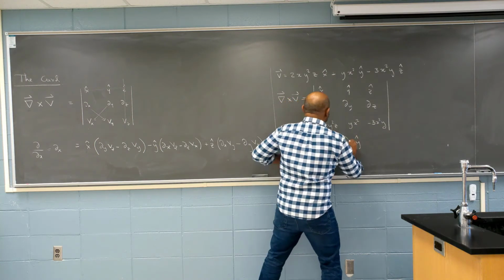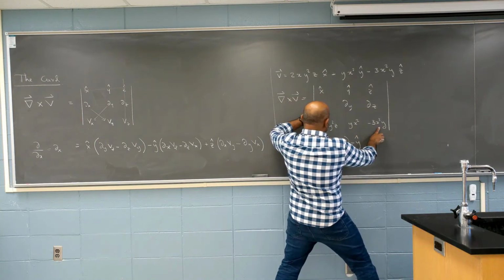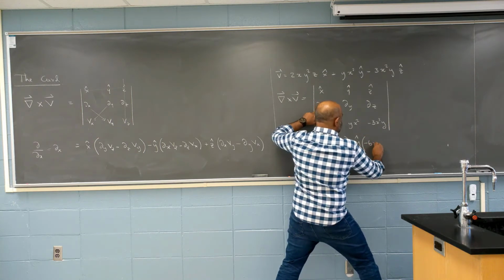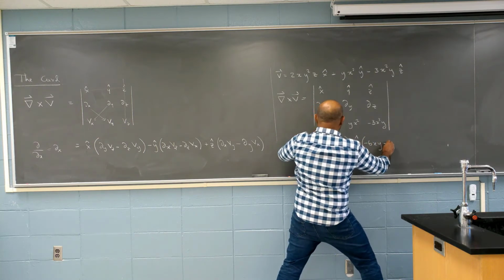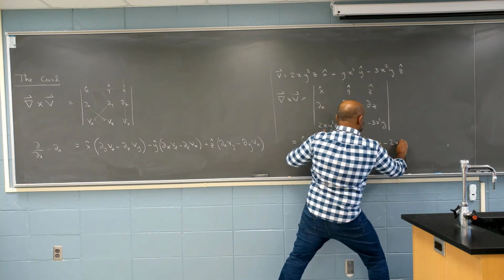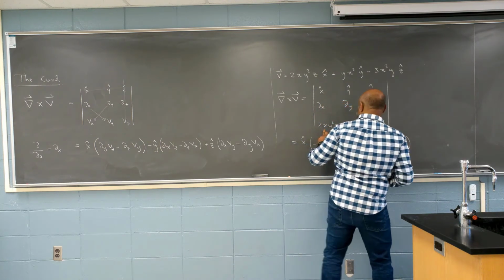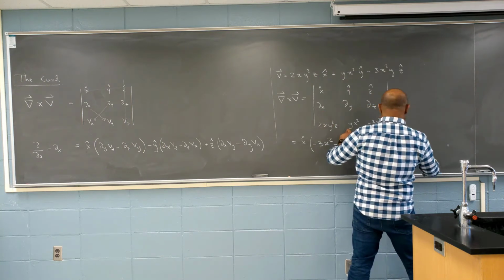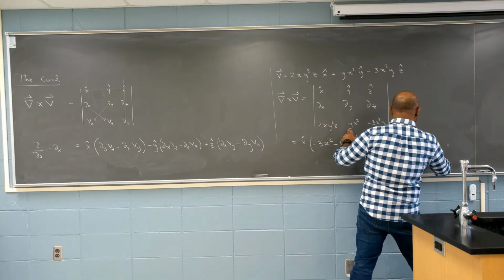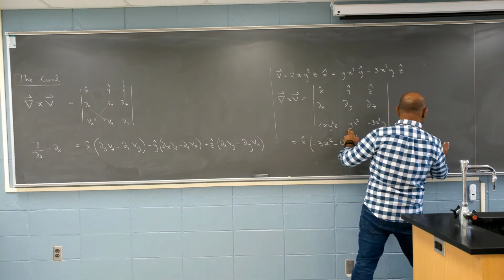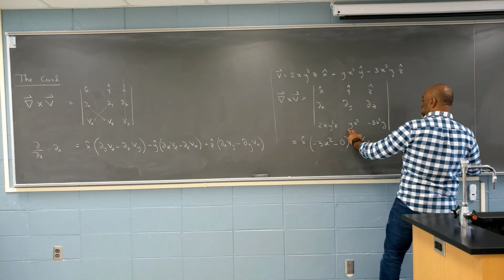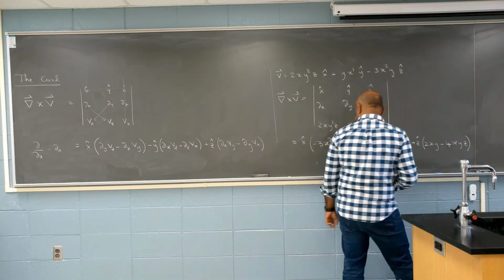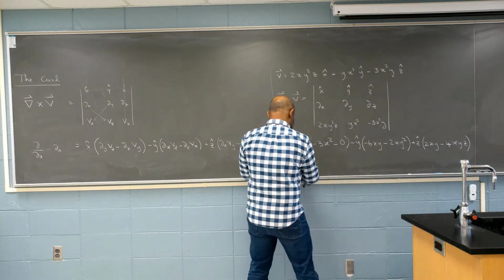Minus y hat, partial with respect to x, so that is minus 6xy minus 2xy squared, plus z hat, 2xy minus 4xyz. Can I simplify it somewhat?